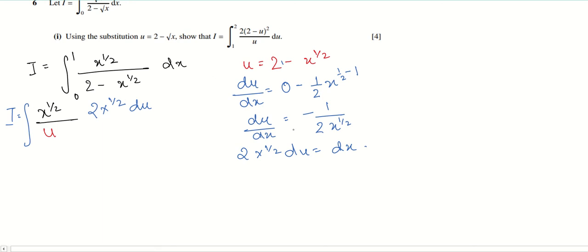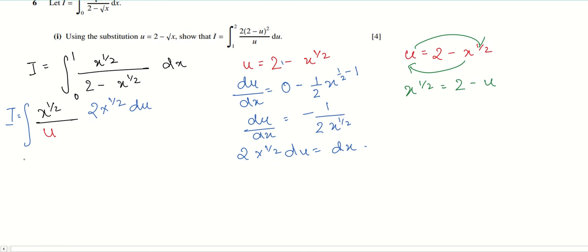So let me write u equals 2 minus x to the power of 1/2. So if you bring x to this side, it's going to be x to the power of 1/2 equals, and u to this side, 2 minus u. That's it.